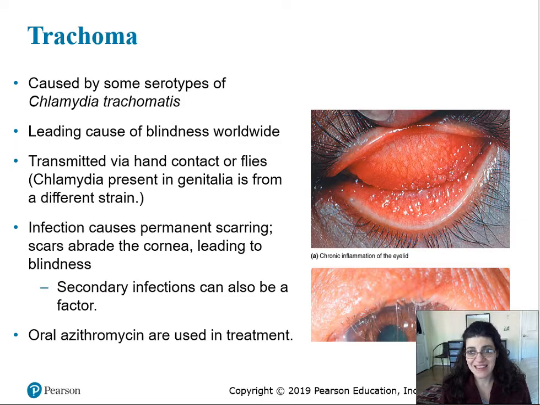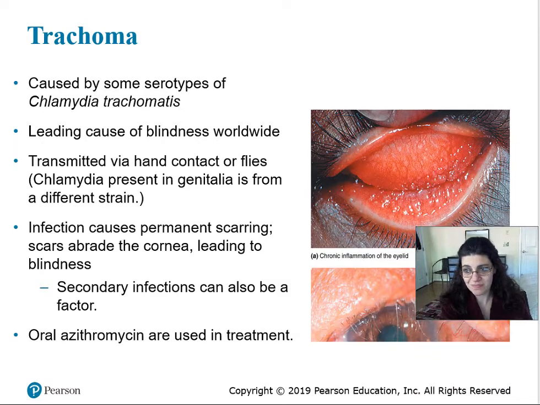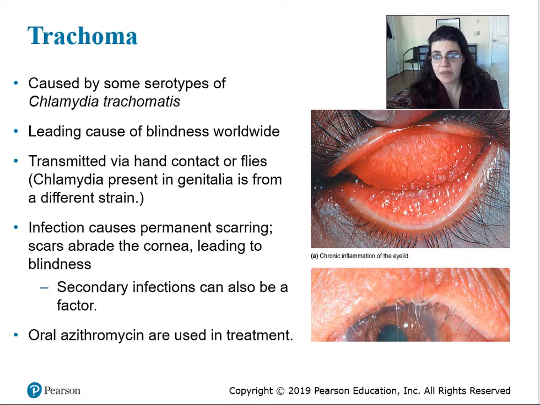Important here is that this is the leading cause of preventable blindness in the world. It could be prevented by antimicrobials, but because of lack of resources you end up observing a lot of cases that cause blindness because of the lack of treatment.